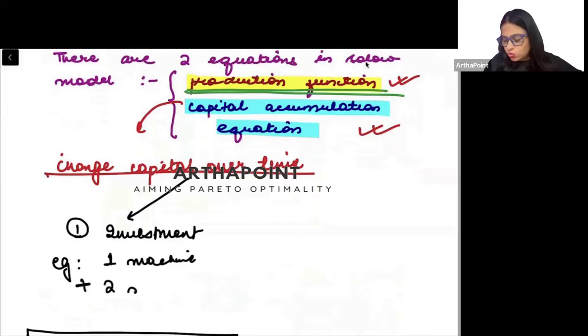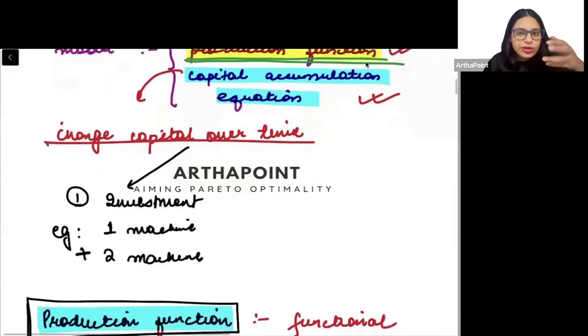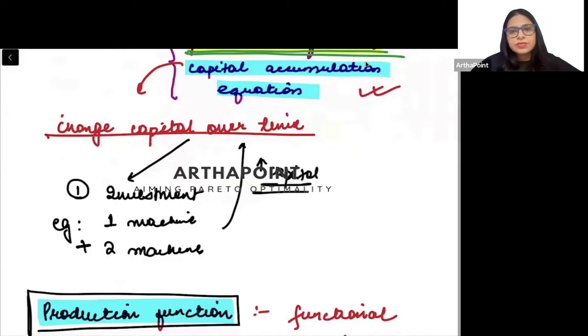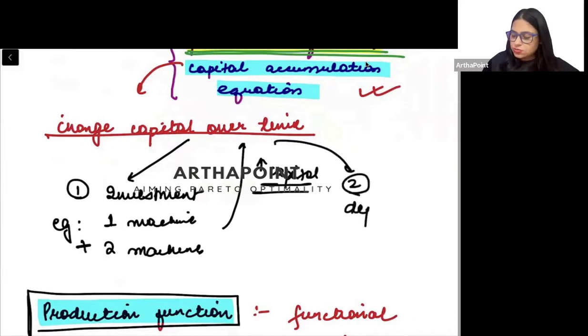Now I purchased two more machines, right? So when I am doing investment, when I buy new machines, that will increase my capital, right?